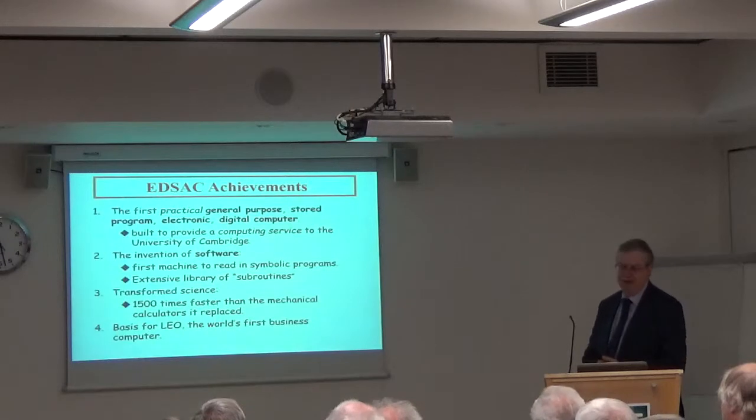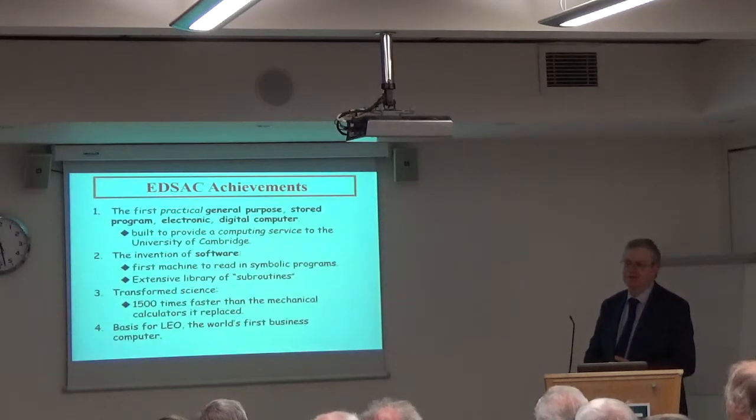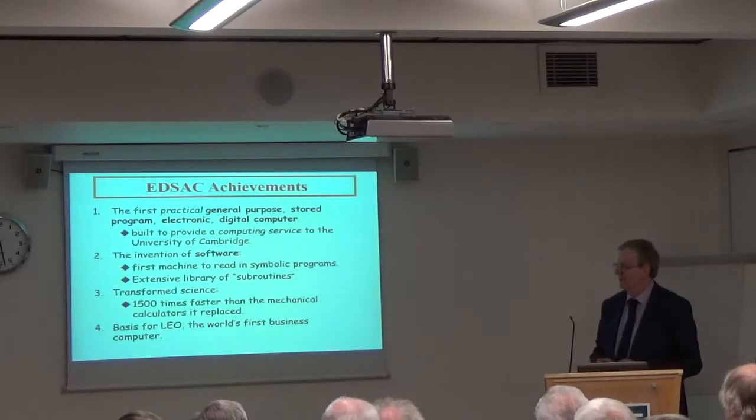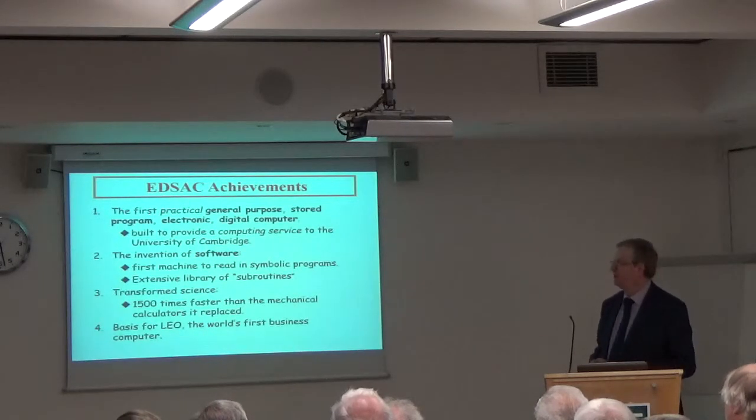The key thing is it was built by Wilkes to provide a computing service. He ran a part of the university called the Mathematical Laboratory, which was a central part of the university, much like the library, a resource shared by all departments, and its role was to provide technology that would help people in the university compute.